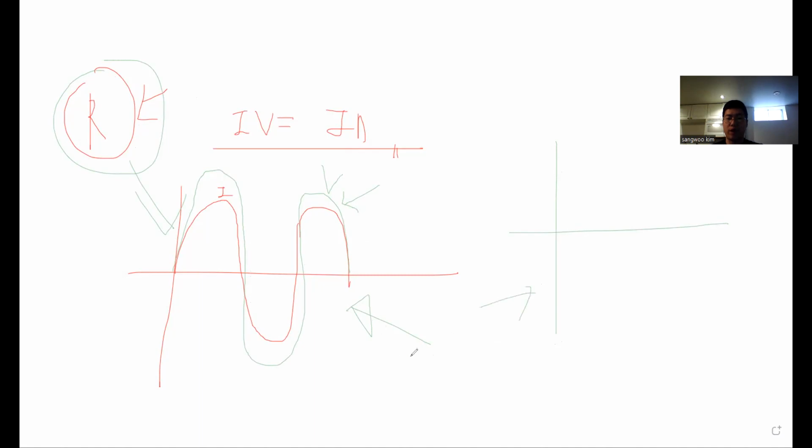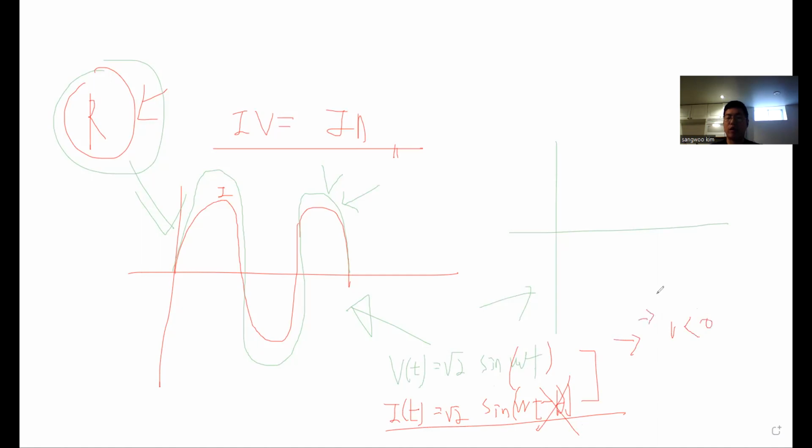First of all, we write V as root 2 V sine omega t, and I as root 2 I sine of omega t minus theta. But at this time, in phasor form, we don't need this theta right now.